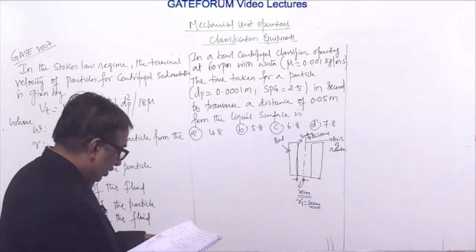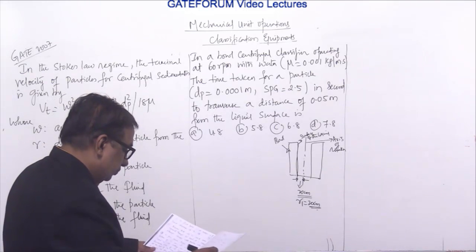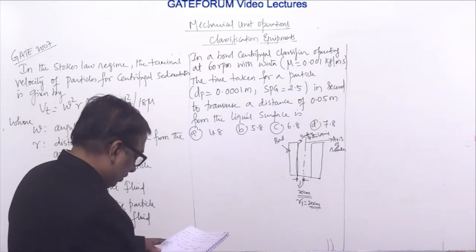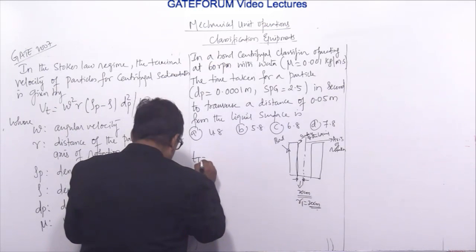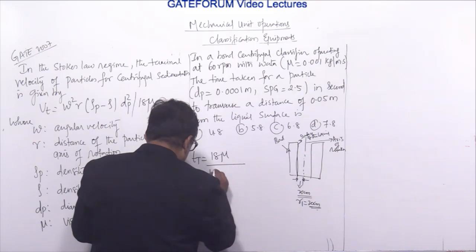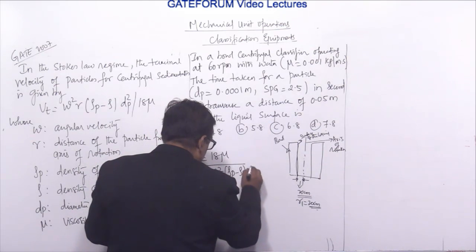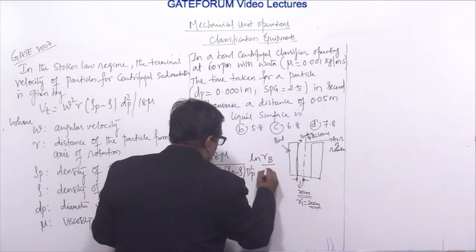So R1 you can take as RA, and then t is equal to 18 mu by omega square (rho P minus rho) d square P ln of RB by RA.